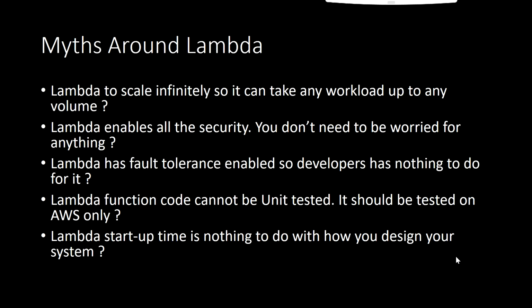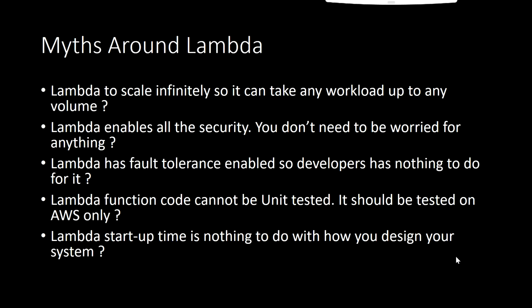Second one is about security. AWS always says that security is a mutual agreement. AWS cannot alone make your application secure, but people who design their Lambda application think that AWS takes care of all the security of the Lambda. It's not.